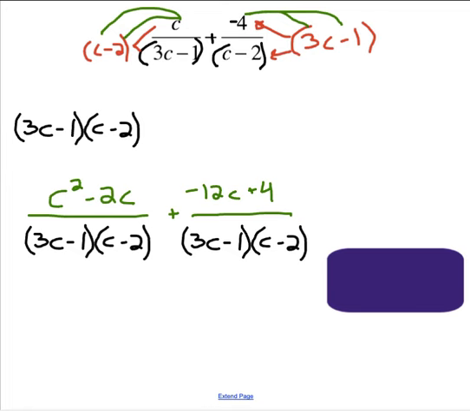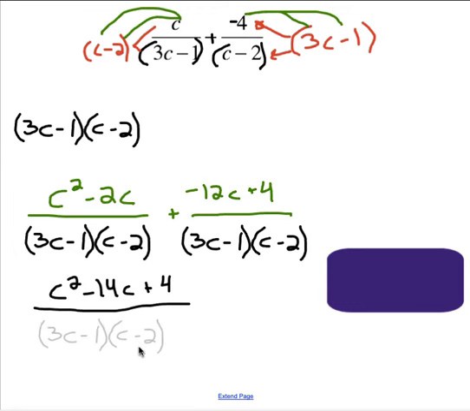And now when I combine these numerators, because I have a common denominator, I have c squared minus 14c plus 4 all over 3c minus 1 times c minus 2.